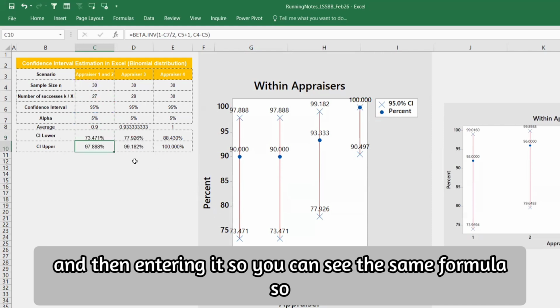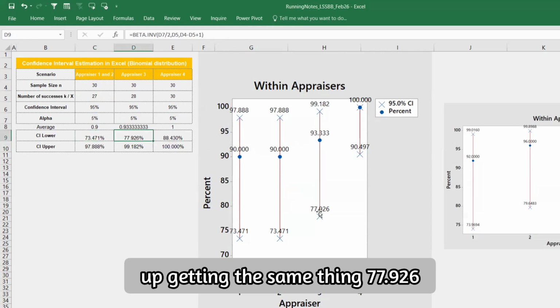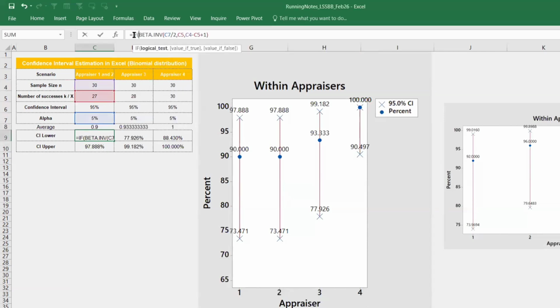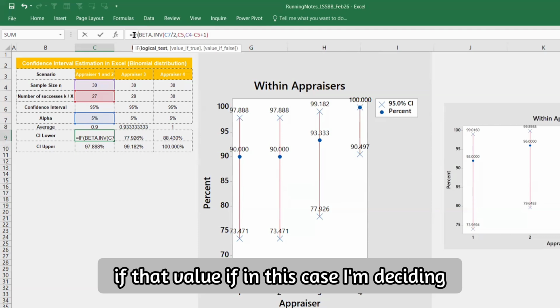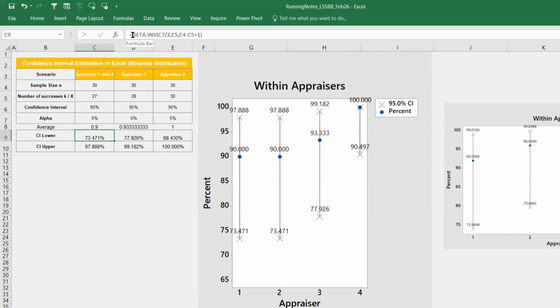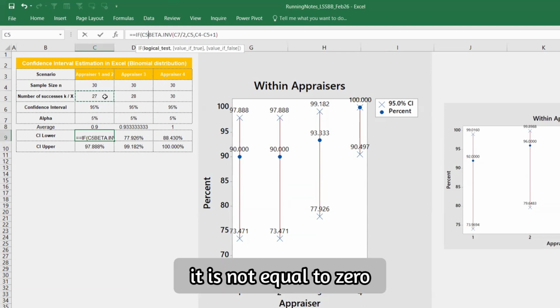So you can see the same formula, and I can just apply here also. I will end up getting the same thing, 77.926. Now the only condition I'm adding is, if E5, which is the k value, is not equal to 0.